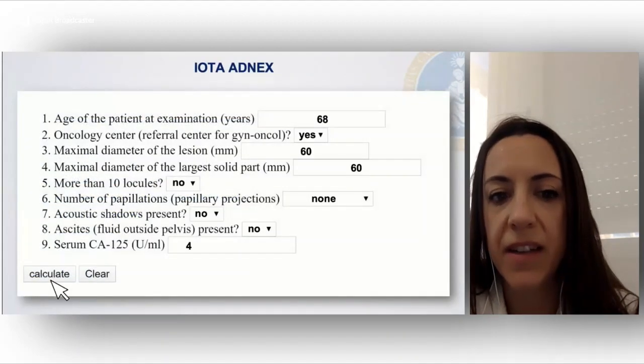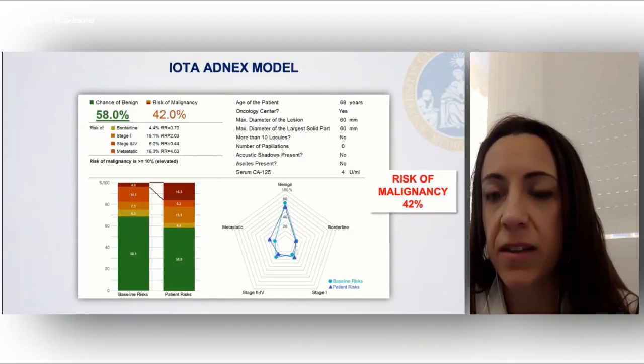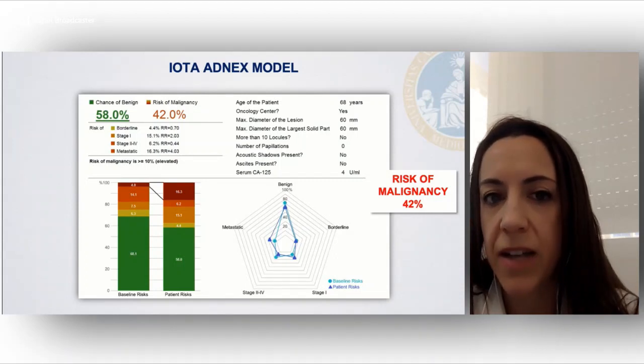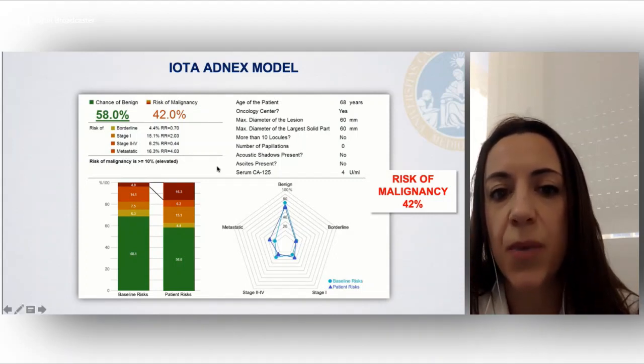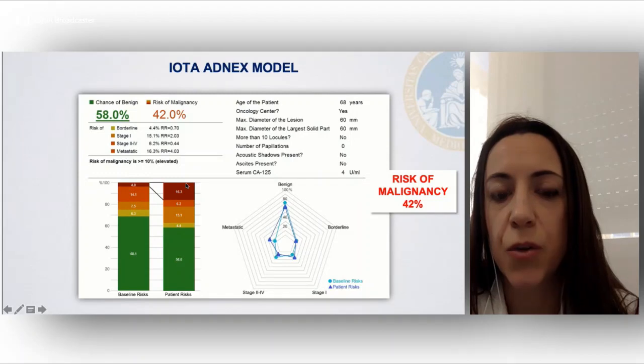So we can apply the Adnexal model. We calculate the risk of malignancy that was more than 10%. That is the cutoff that we usually use to calculate the risk of malignancy with Adnexal. And the highest relative risk was for metastatic tumor.